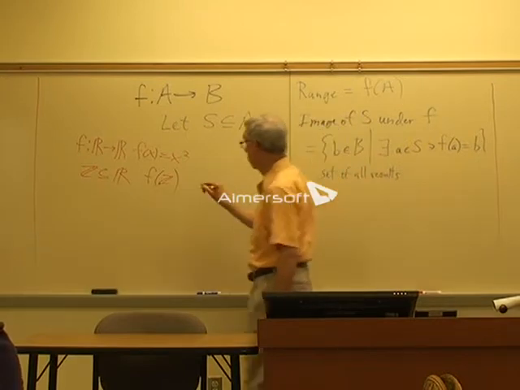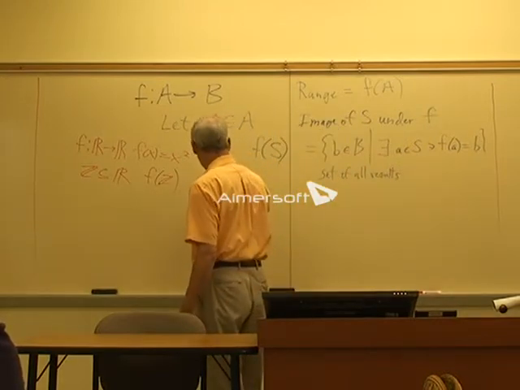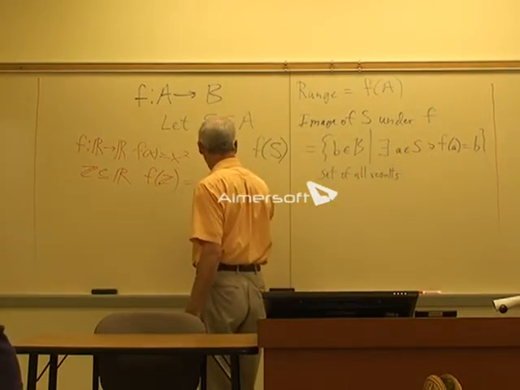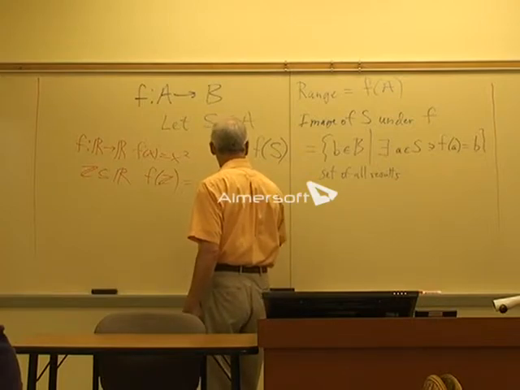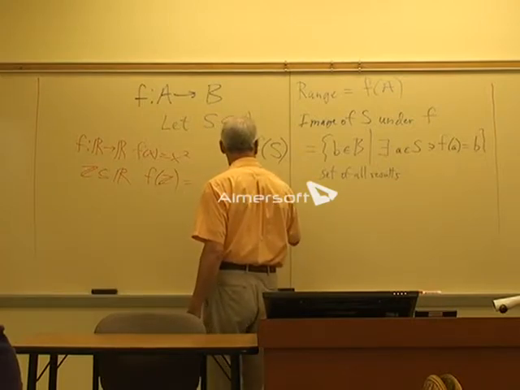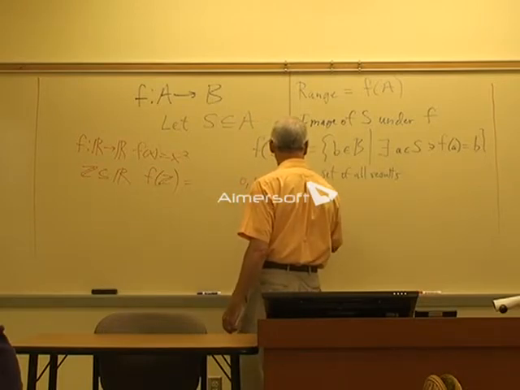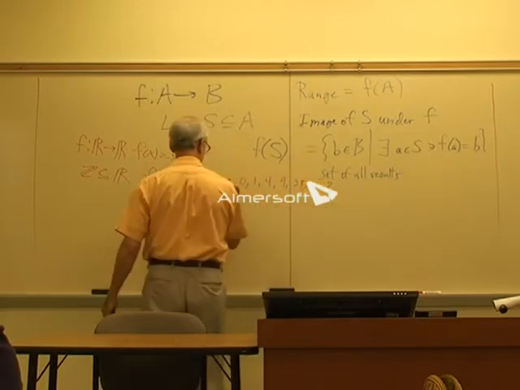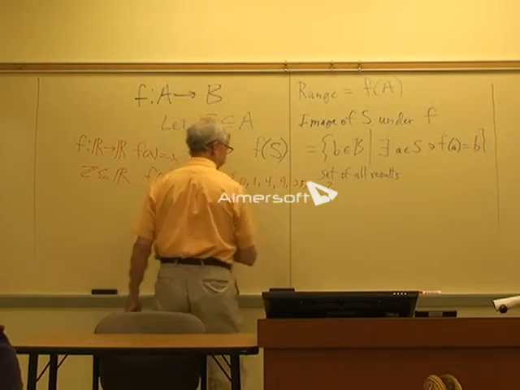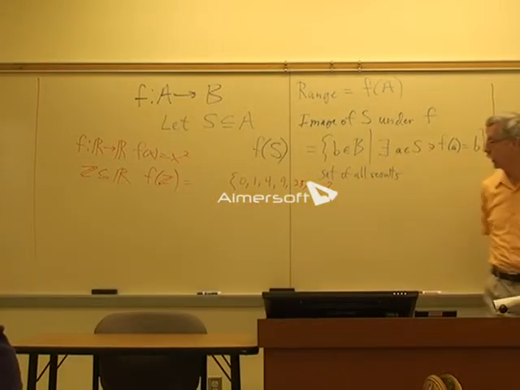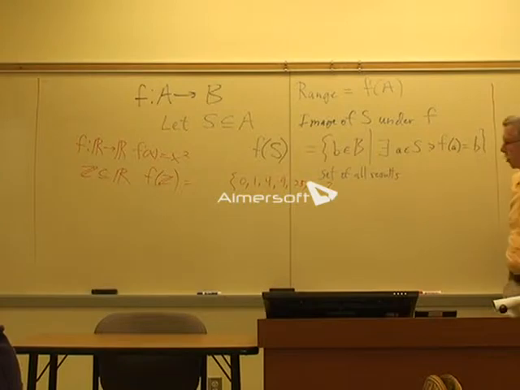But the image of Z under this map would simply look like a discrete set. You never get negatives out. If I put 0 in, I get 0. I put 1 in, I get 1.